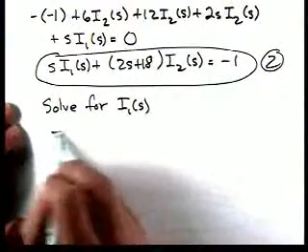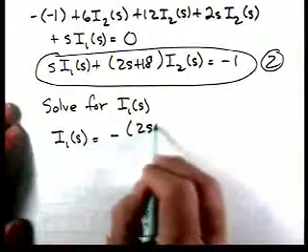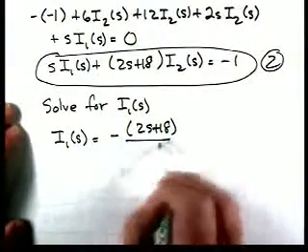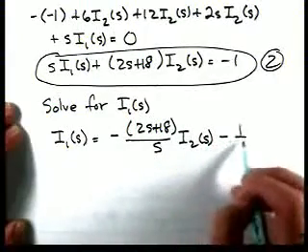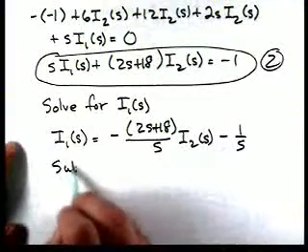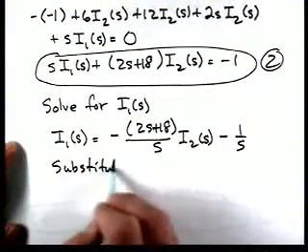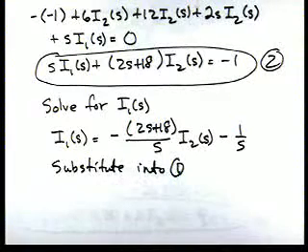So I1 of S becomes minus 2S plus 18 over S times I2 of S minus 1 over S. And now let's substitute into 1. So now we're basically going to eliminate I1.